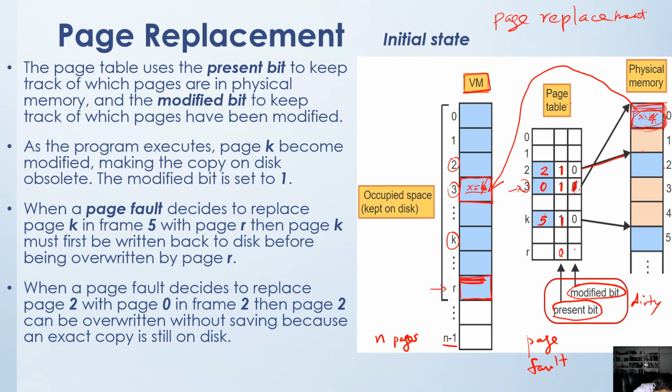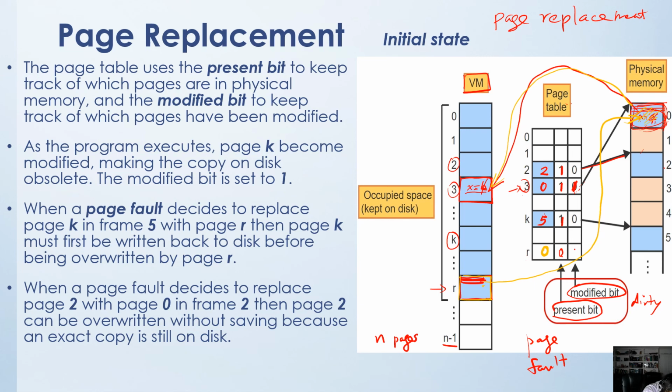I changed the color so I can clearly show the differences here. I use orange. So I want to replace it. Once the copy is finished, I load page R into frame number 0. Now I update the page table.